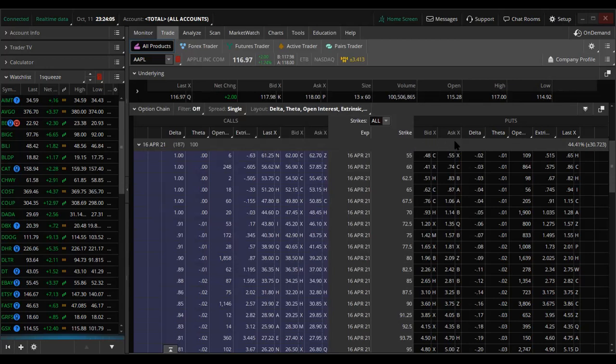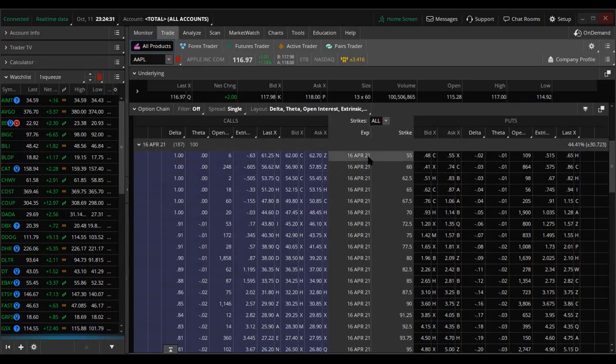Going a little deeper into this options chain, this number right here is what we call implied volatility. Implied volatility, in short, is just the percentage move that's expected for the stock on or before this expiration date.